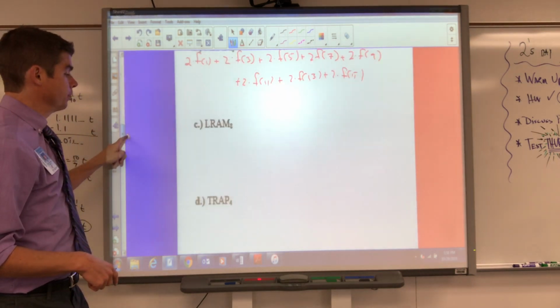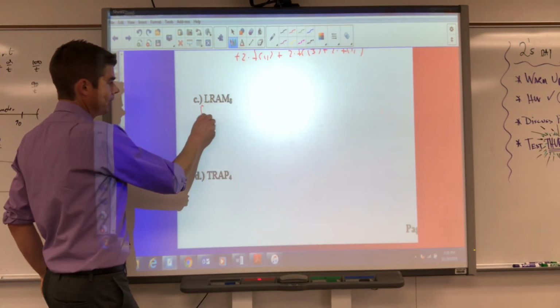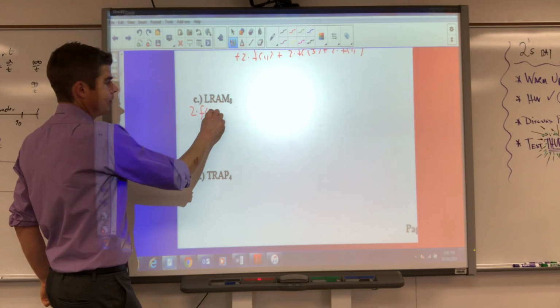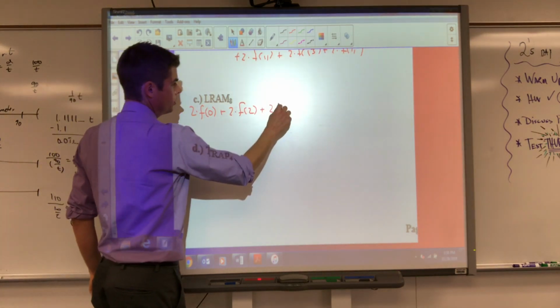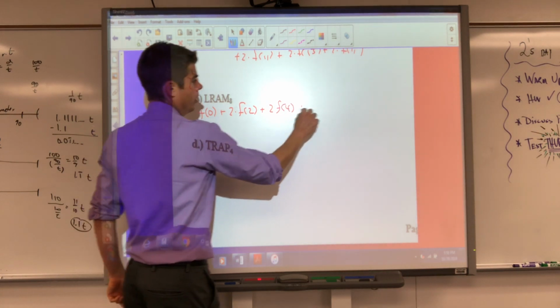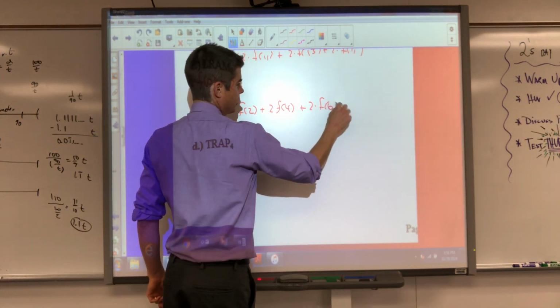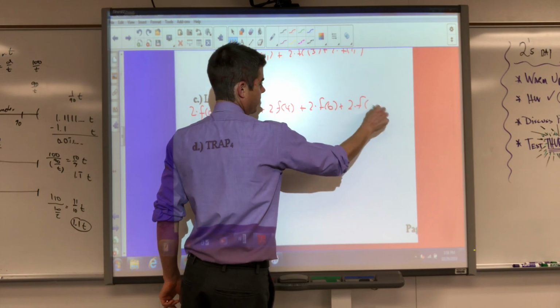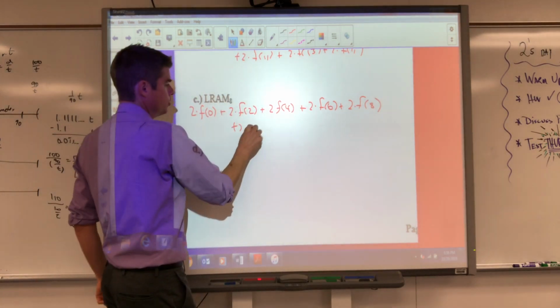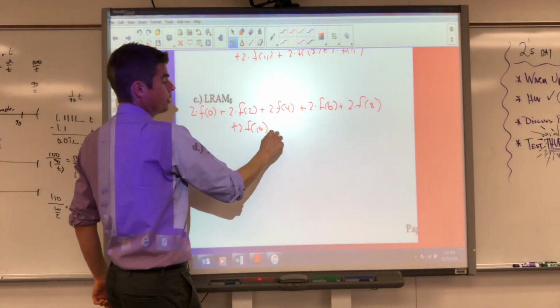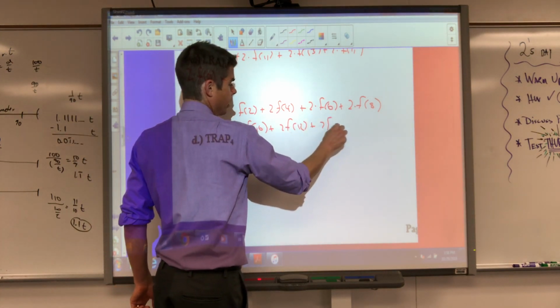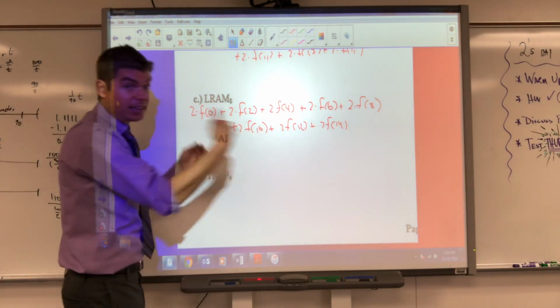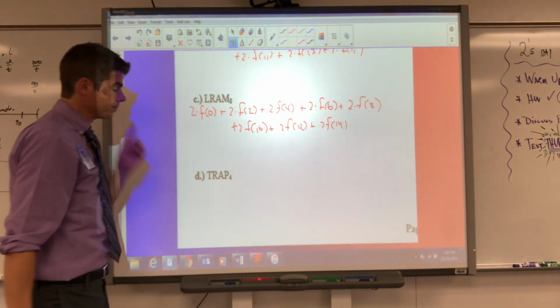So that would look something like, again, 2 times f of 0, plus 2 times f of 2, plus 2 times f of 4, plus 2 times f of 6, plus 2 times f of 8, plus 2 times f of 10, plus 2 times f of 12, plus 2 times f of 14, because we've picked the left side of that rectangle.